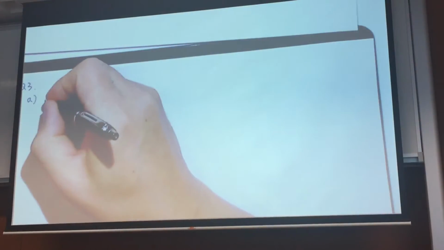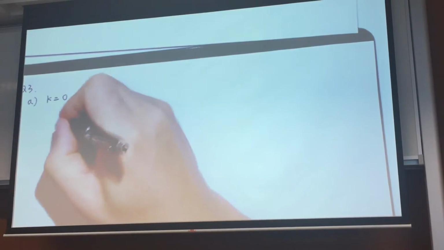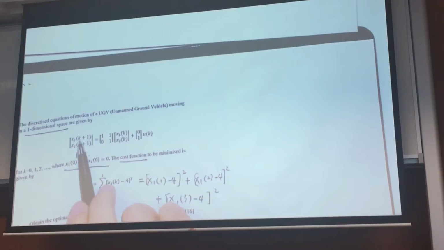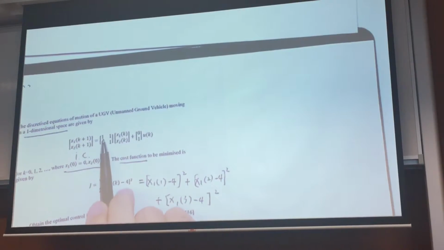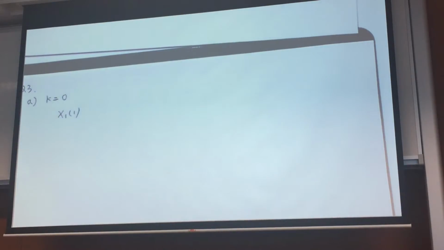For part A, doing that is quite straightforward. For k equal to 0, you can use the update equation. So x1,1 equals 1 multiplied by x1,0 plus 1 multiplied by x2,0 plus 0 multiplied by u0.